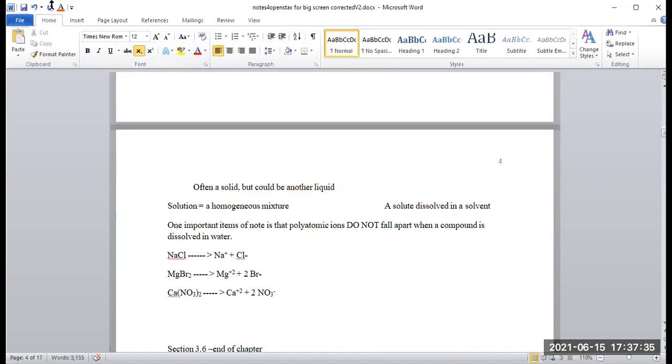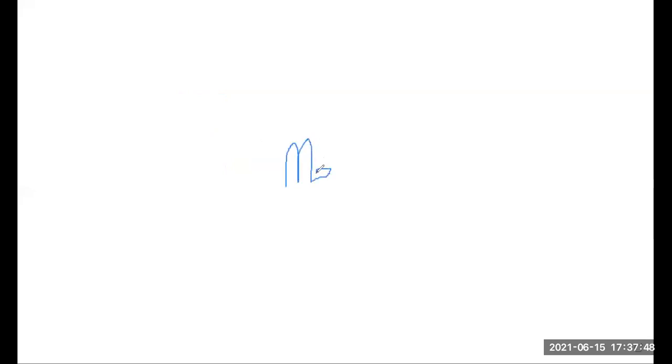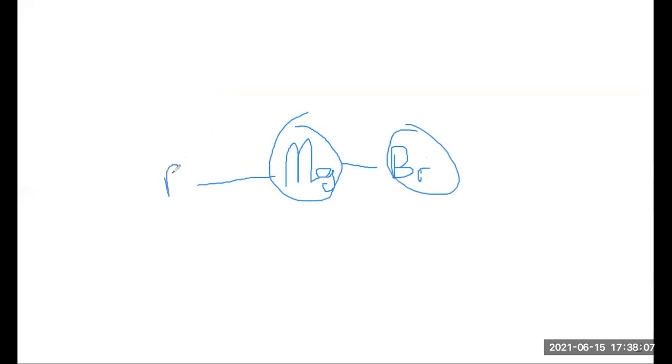How about your magnesium bromide? Now, I know we write it MgBr2, but that's actually not the way the molecule looks. All right, let me see if I can do this. So the molecule itself, we're going to kind of do this and put a circle around it so it kind of looks like an atom. And then bond. And then there's a bromine on this side. And there's a bromine on this side.